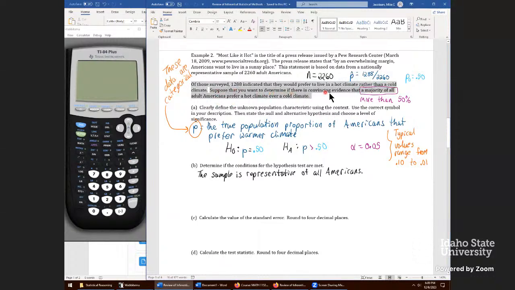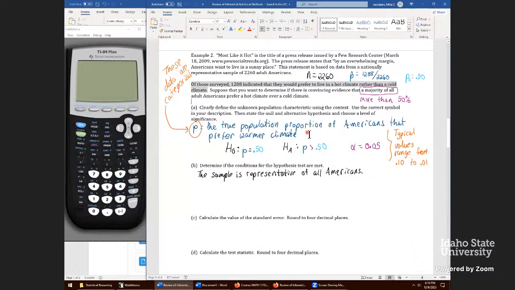Suppose you want to determine if there is convincing evidence that a majority of adult Americans prefer a hot climate over a cold climate. We mentioned that's a really dicey way to indicate a hypothesis test problem, but they really are. They're asking for more than 50%. So we went for a greater than sign for the more than, and that's the value to be tested, the 0.50.